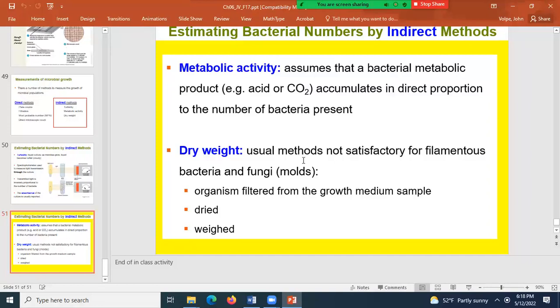The dry weight is you spin down your cells, dry the cells, and then weigh the cells. The more cells you have, the more weight there will be, dry weight.